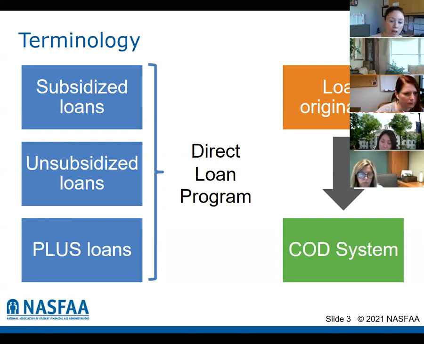Then you send that loan file up to COD, the Common Origination and Disbursement System. COD will verify that loan and establish it as an originated loan, which means the loan now exists. Then that file comes back to your school.